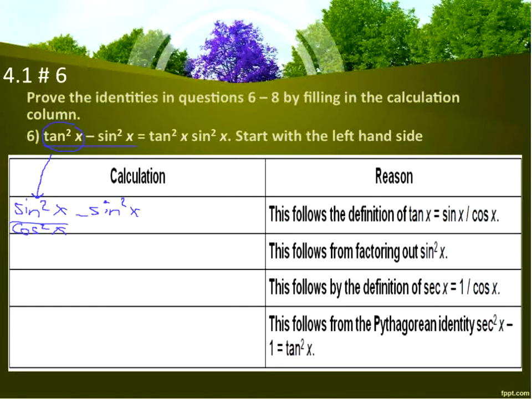So I'm going to make both of them have a denominator of cosine squared x. Since the first one already has a cosine squared x, it can just stay as it was. Now this next one, in order to have a cosine squared x on the bottom, I'm also going to have to put a cosine squared x on the top.